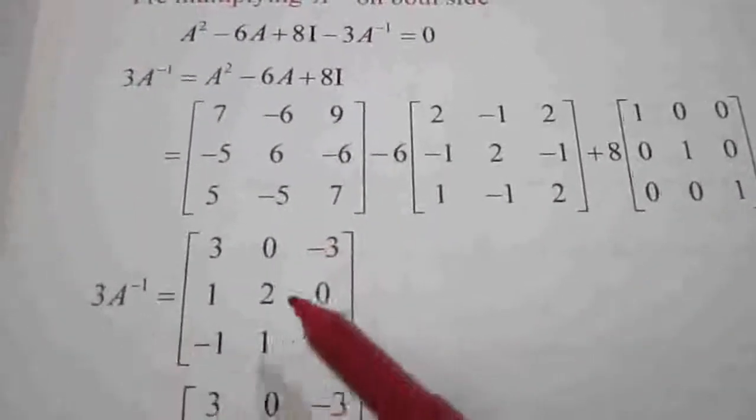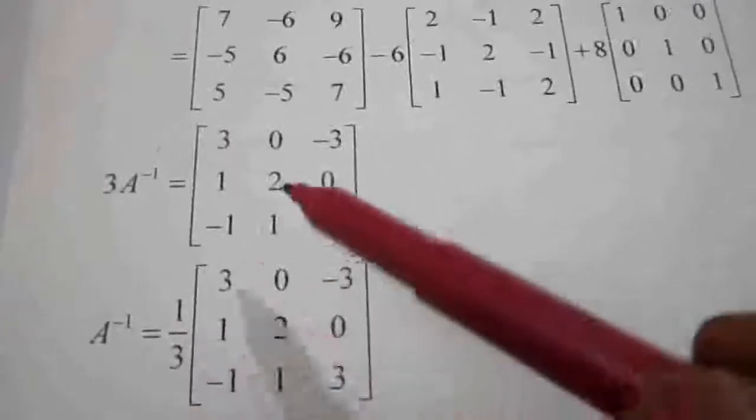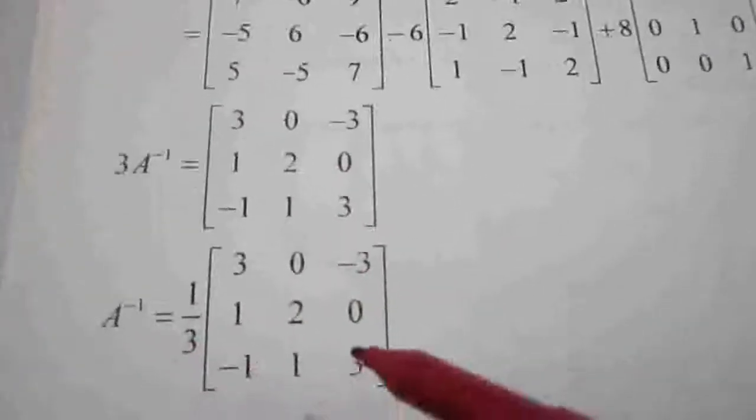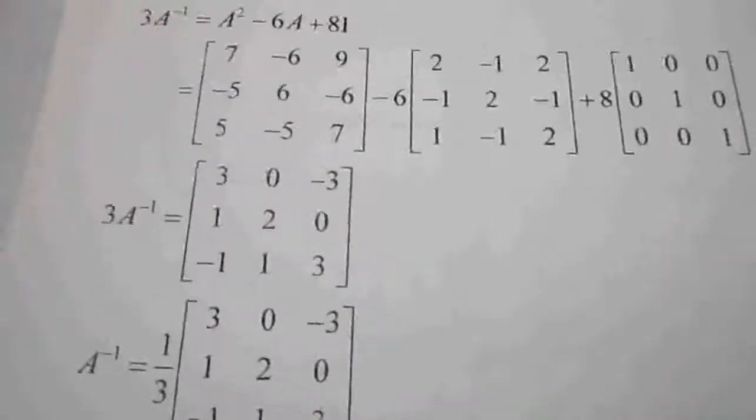This is 3A inverse. Take 3 to the right hand side. So 1 by 3 is equal to the matrix, which is A inverse. This is the A inverse of the given matrix using Cayley-Hamilton theorem. You do not use the direct formula, because the question is we have to find out A inverse using Cayley-Hamilton theorem. So second part also over.